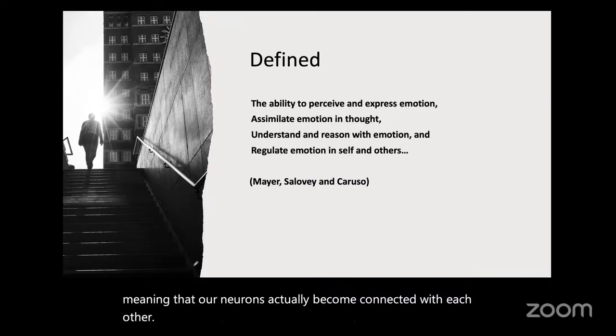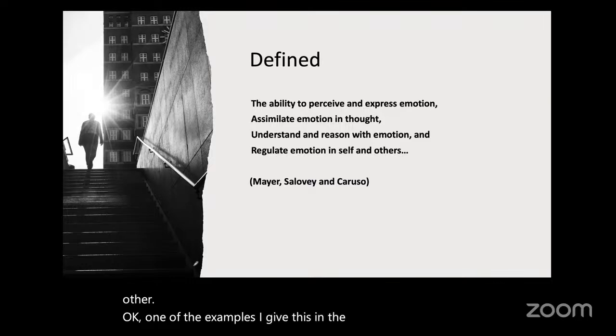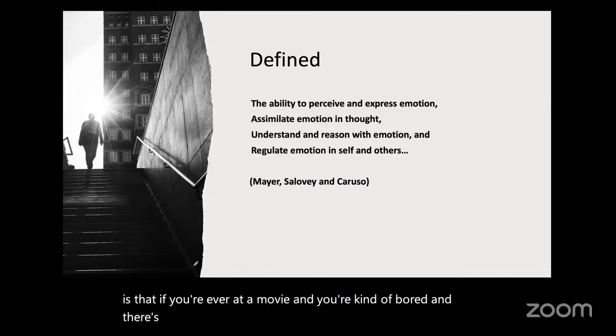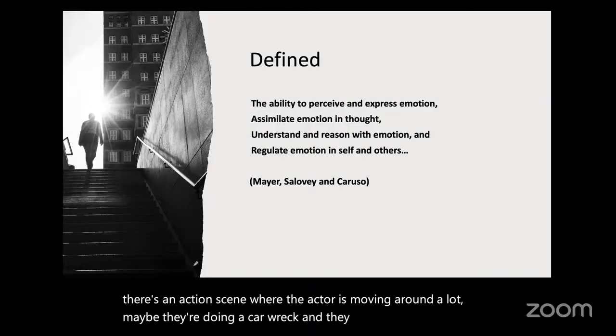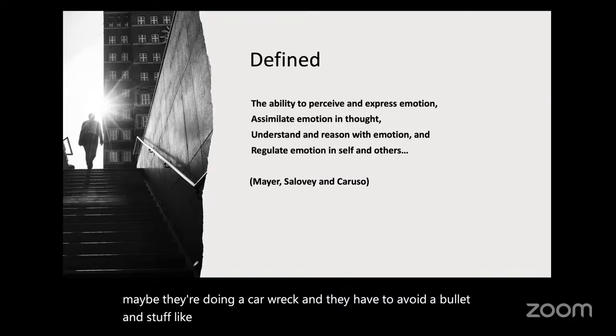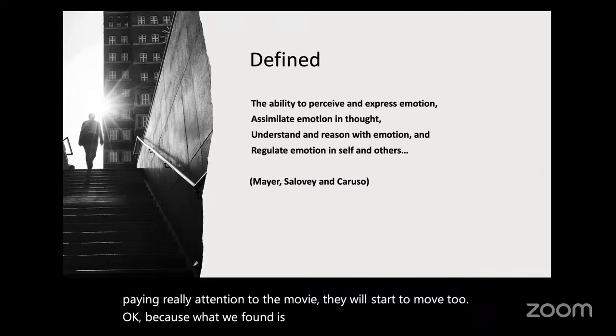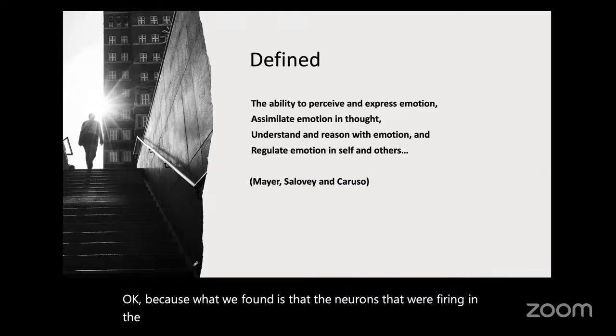One of the examples I give in the human development class is that if you're ever at a movie and there's an action scene where the actor is moving around a lot, maybe doing a car wreck and avoiding a bullet, if you watch the audience that are paying really close attention to the movie, they will start to move too. Because the neurons that were firing in the stunt person's head when they were doing that stunt actually start to fire in the movie viewers' brains.